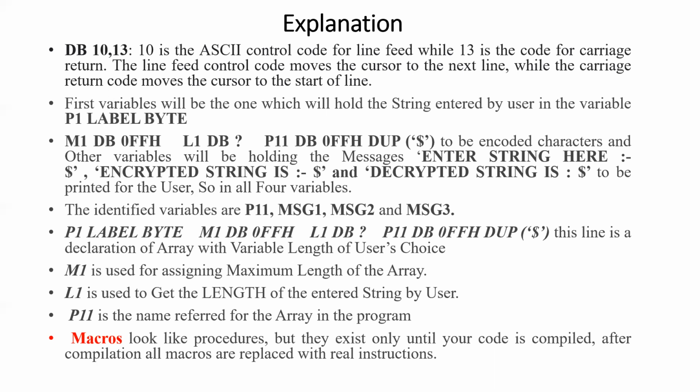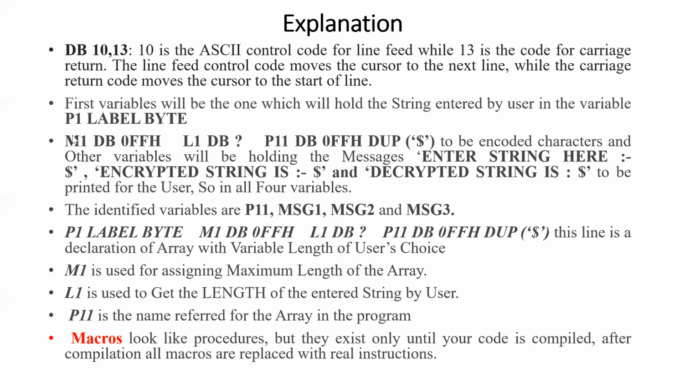You take one input from the user, reverse that input, and compare the input and output streams to check whether the entered string is a palindrome or not. Again, the title of the experiment is to check whether the entered string is a palindrome or not, the same thing with an assembly language program.